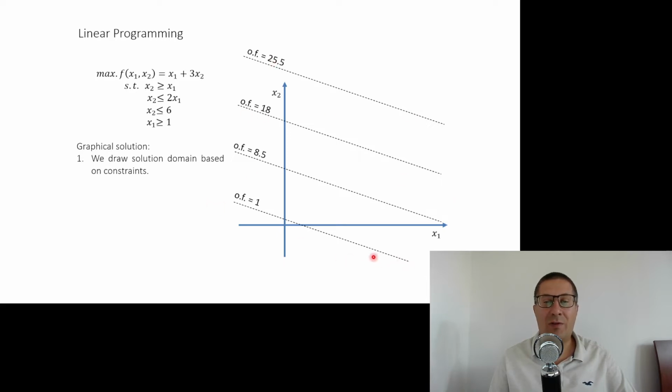This is the x1 axis, x2 axis, and here you can see the plane. On this line, the objective function has a value 1. So if we would like to maximize this function, it's obvious that we should go in this direction.